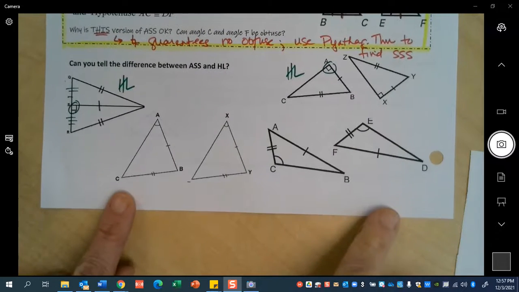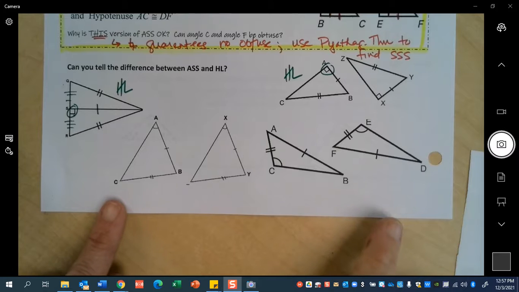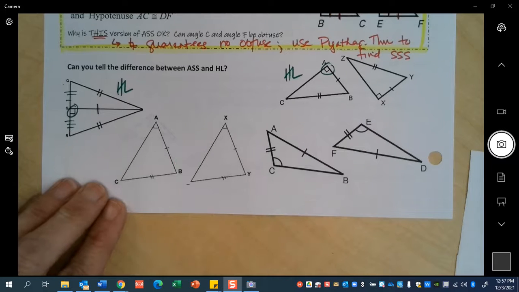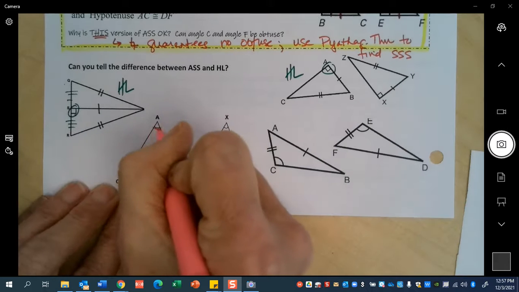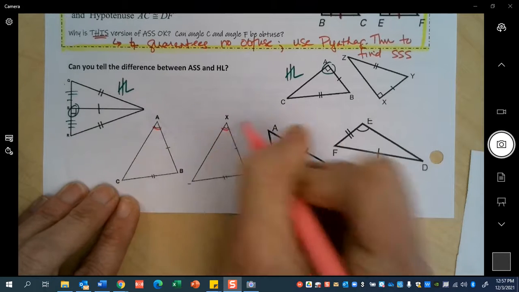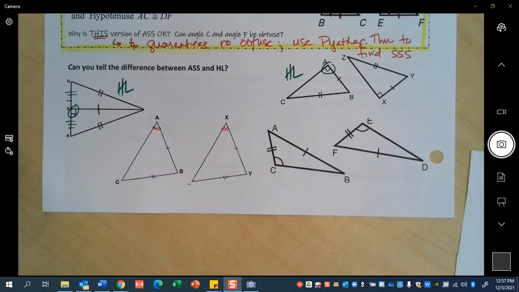All right, let's talk about these 2. These are our sides where I have 1 angle and 2 sides where that angle is not the included angle.